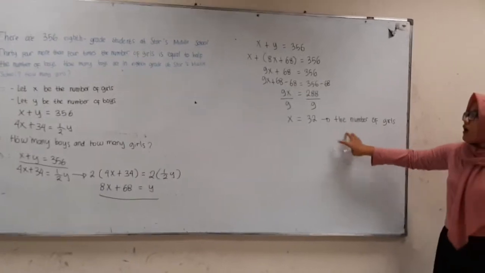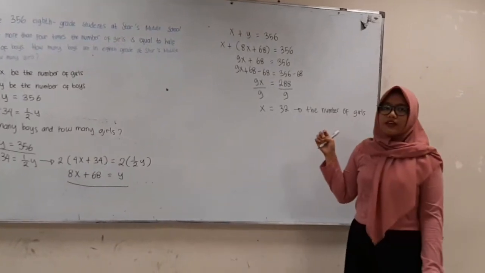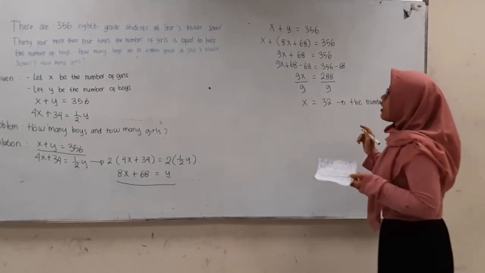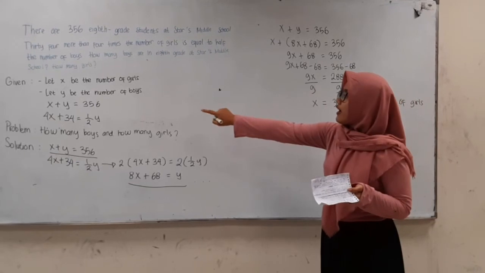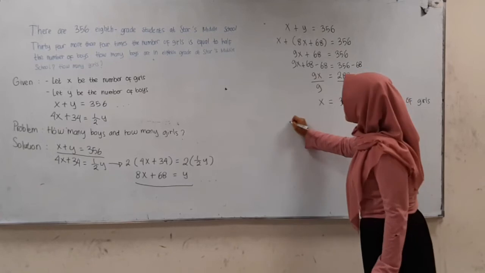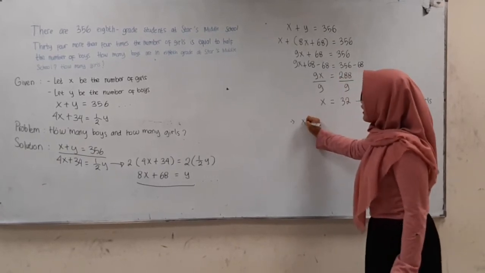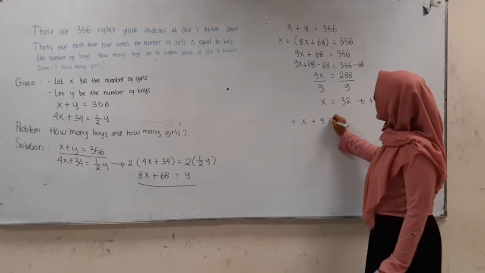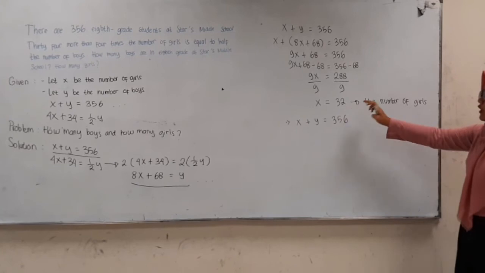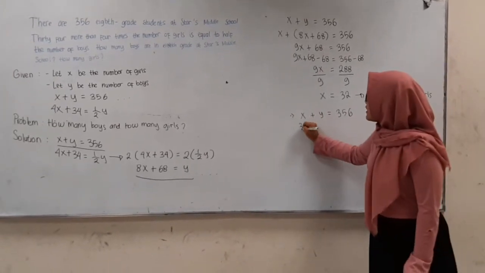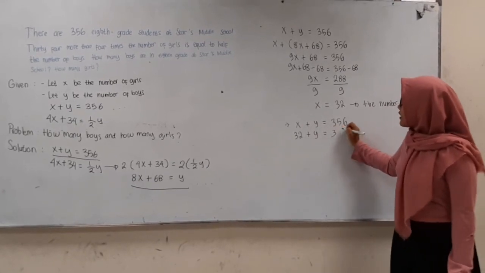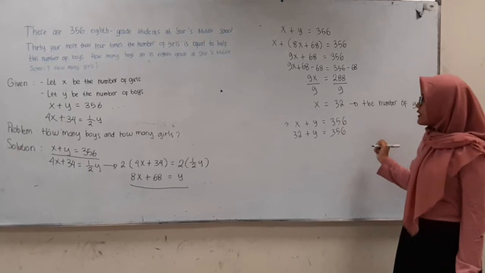After we know the number of girls, it's easy to find the number of boys. We can see in the first equation, x plus y equals 356. We know the number of girls is 32. 32 is added to y equals 356.